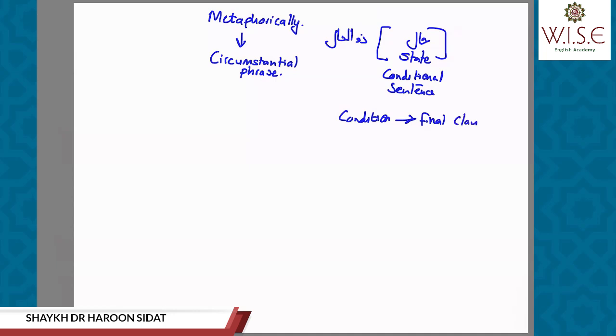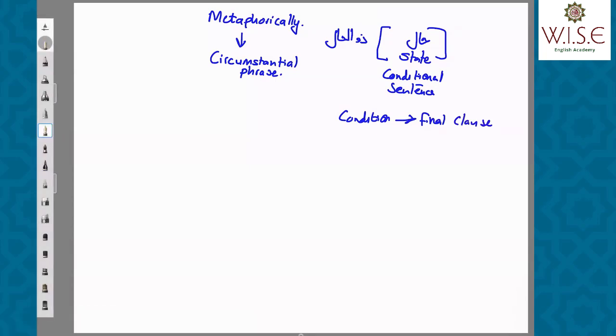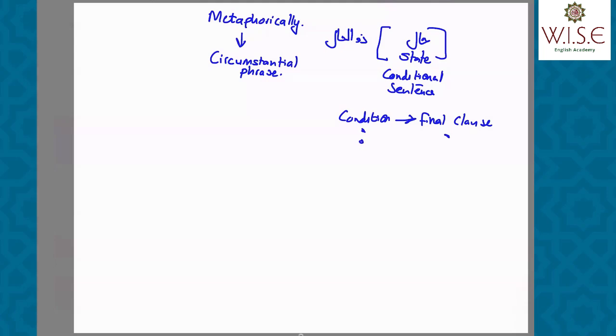Like if I say to you, if you walk outside, if the sun rises, light will come out. One thing happens, something happens. If you look at me, I will shout at you. So if you do this, this will happen. If you open your mouth, sounds will come out. So it's a bit like that. And we have this in grammar as well, and we obviously call this shart.